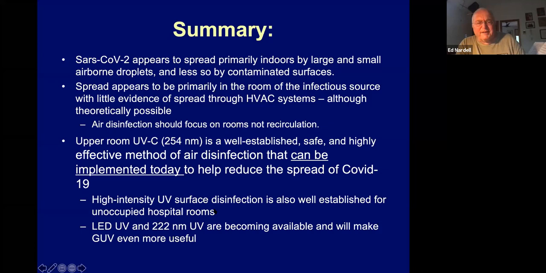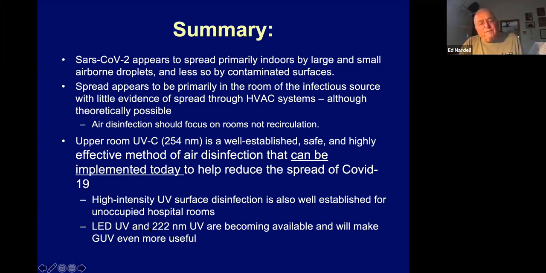People also use high intensity UV in unoccupied rooms and hospitals. And there's 2 new technologies which I haven't talked to you about. There's LED UV, which is simply the LED lamps that we are accustomed to now in flashlights and everywhere else. And you can get UV in that wavelength, and it may be more common in the future.